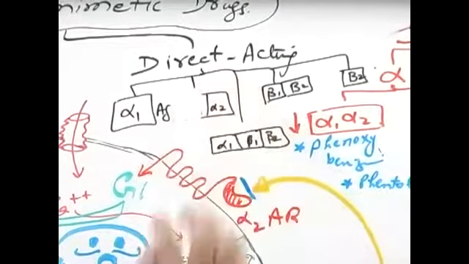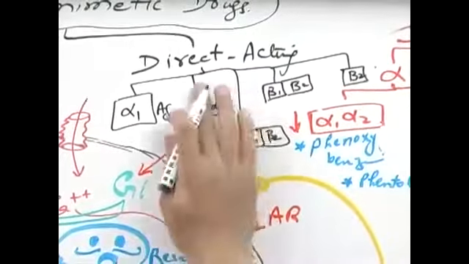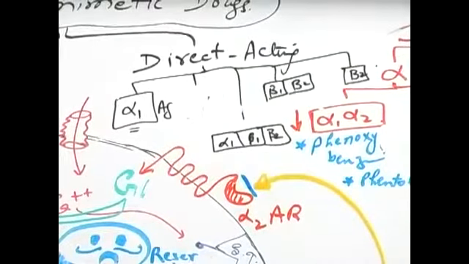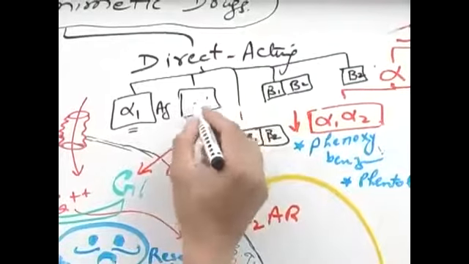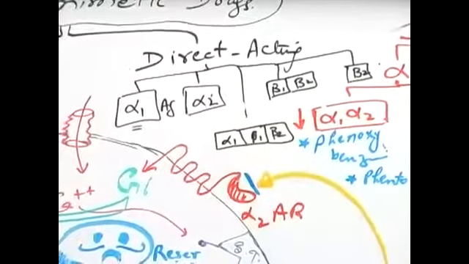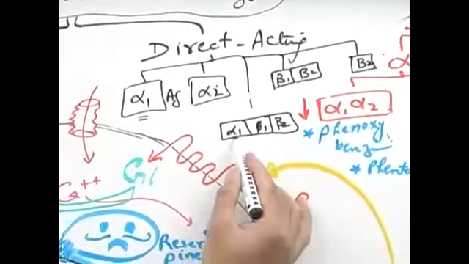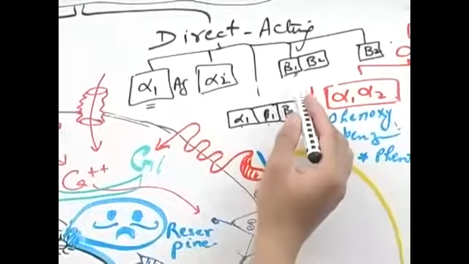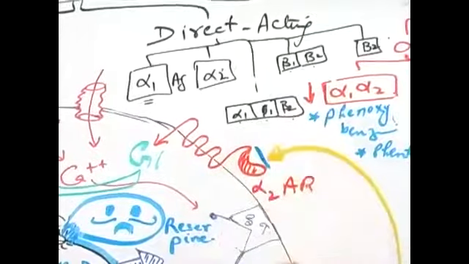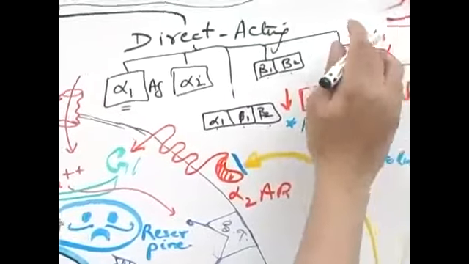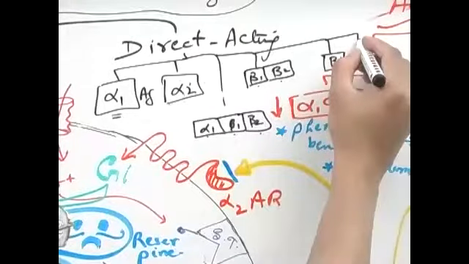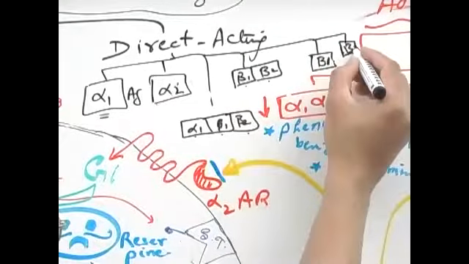Okay, rather we should make a little change here. Look here. Drugs which mainly stimulate only alpha 1 receptor, drugs which mainly stimulate only alpha 2 receptors, drugs which stimulate alpha 1, beta 1 and beta 2 receptors, drugs which stimulate mainly beta 1 and beta 2, and there are drugs which stimulate mainly beta 1 and drugs which stimulate mainly beta 2.